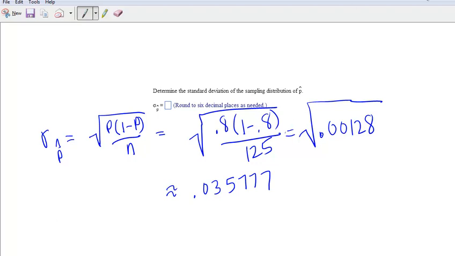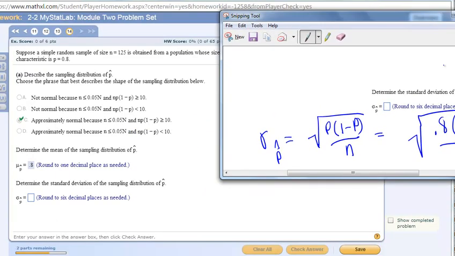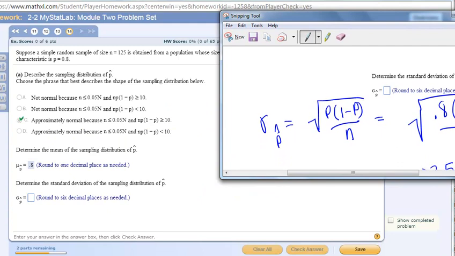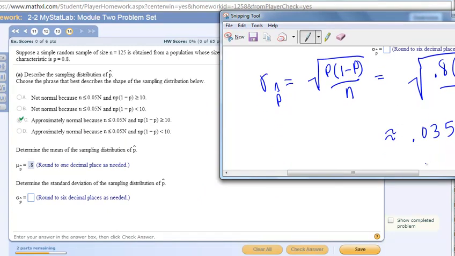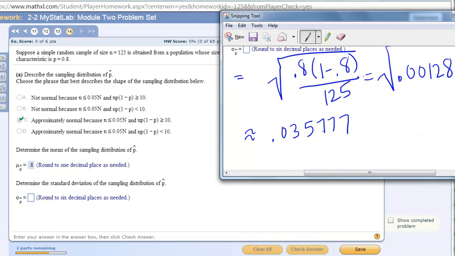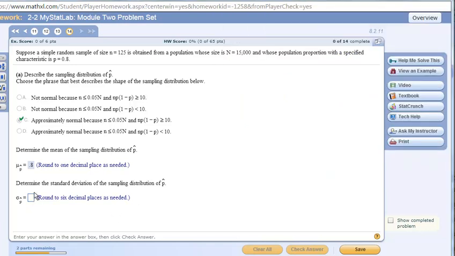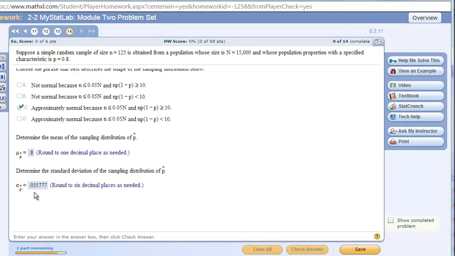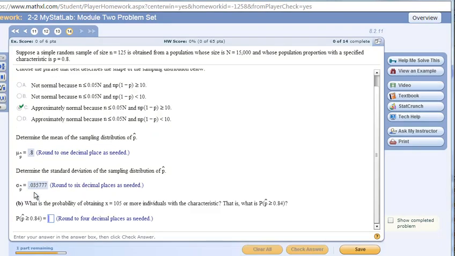So let's see what they want us to round it to. Round to 6 decimal places, so 1, 2, 3, 4, 5, 6: 0.035777. Okay, looks good so far.